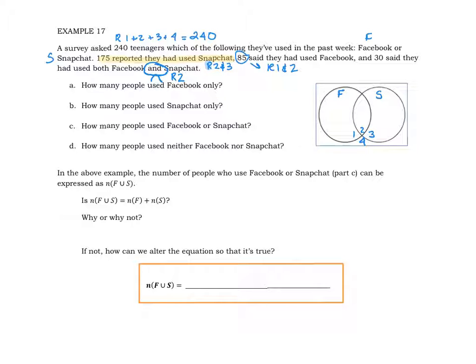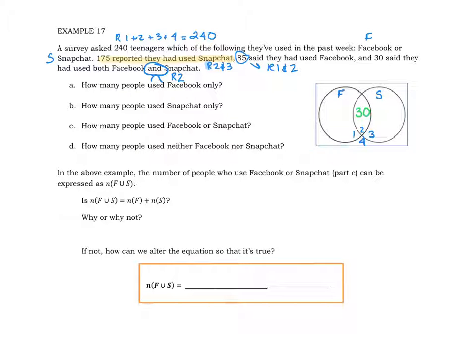That's just one region alone, so I am ready to put 30 down for region 2. Now I have enough information to fill out the cardinality on every region. I will be able to find the cardinality of regions 1, 3, and 4 at this point.